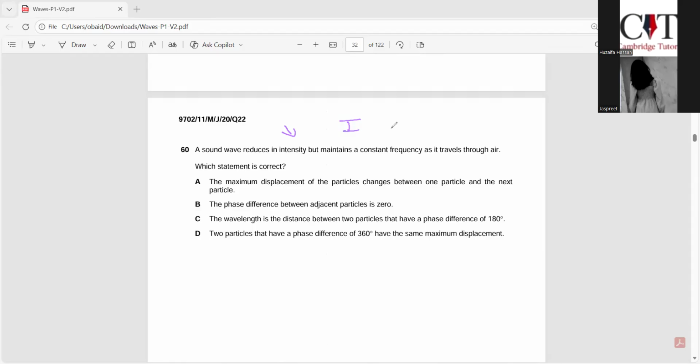No. The intensity depends on the amplitude as well. I'm asking for amplitude. So revise the notes. We have already taught you this thing, that intensity depends on the square of amplitude. So if the intensity is reducing, the amplitude would also decrease, right?